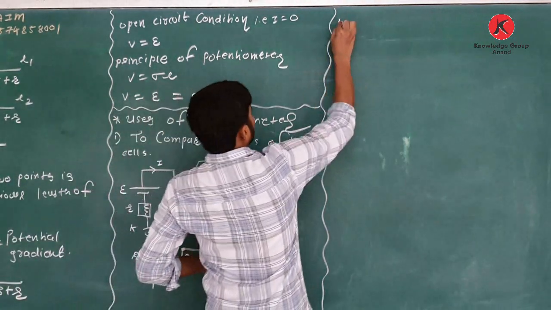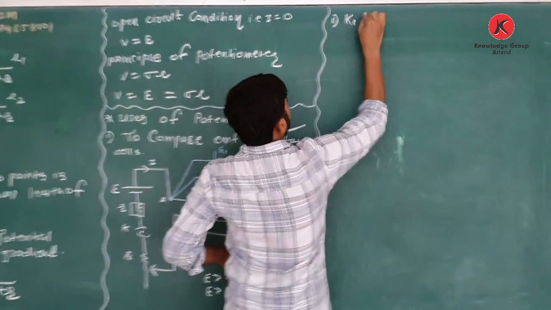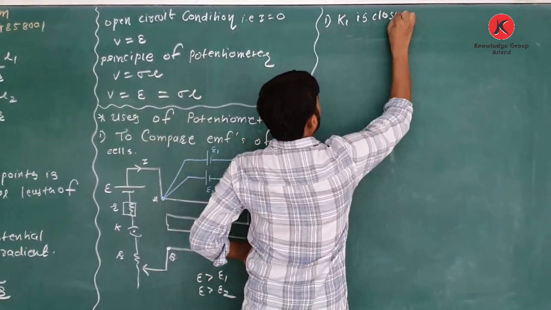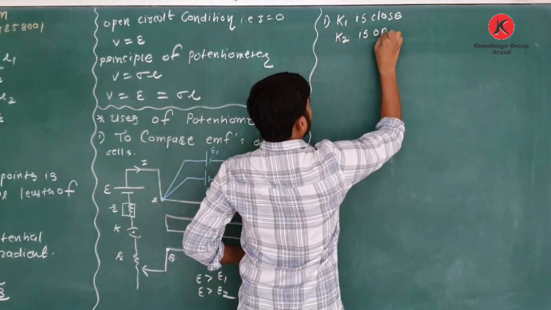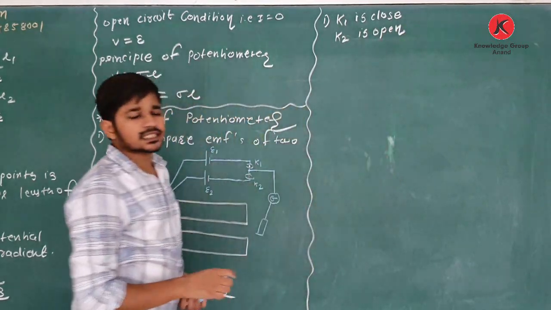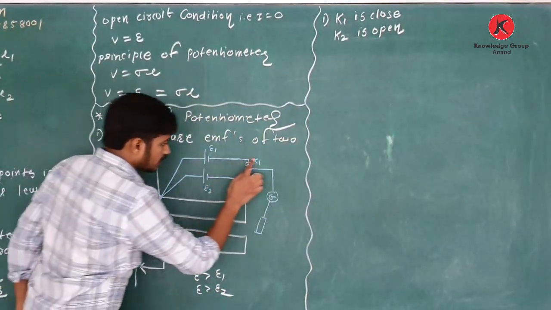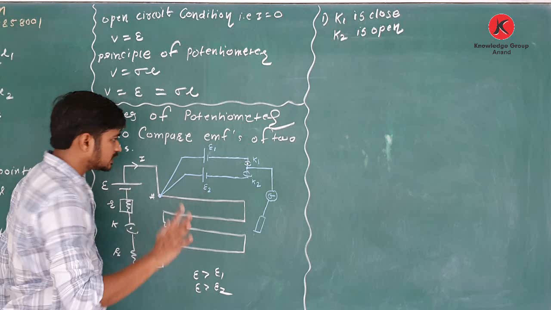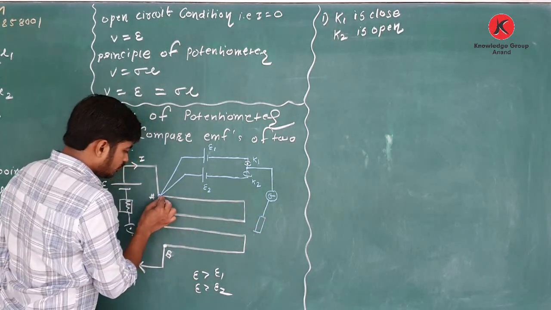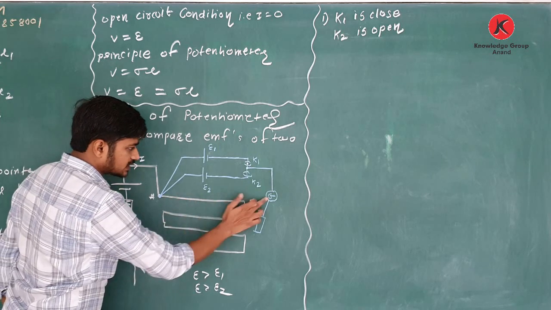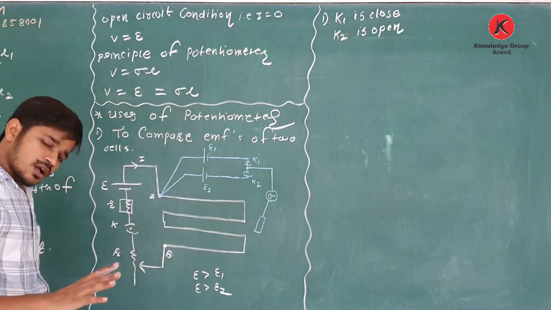First condition: key K1 is closed and K2 is open. In this condition, this E1 cell comes in the circuit. You have to move this jockey from point A, and this galvanometer will show some current.